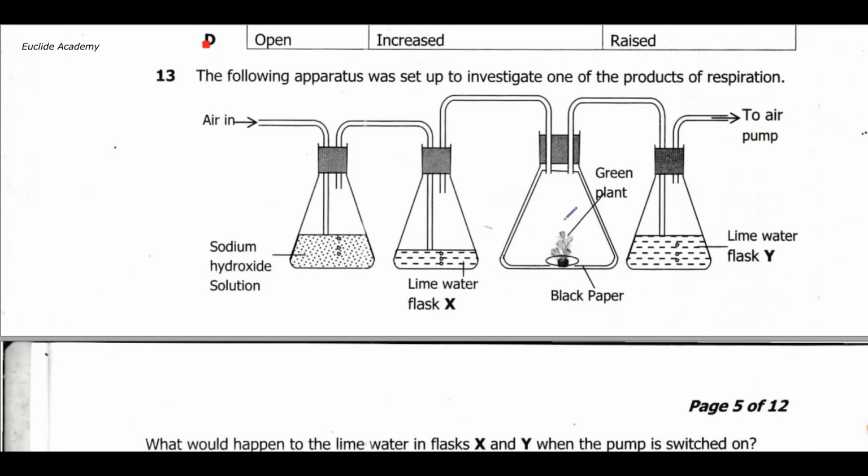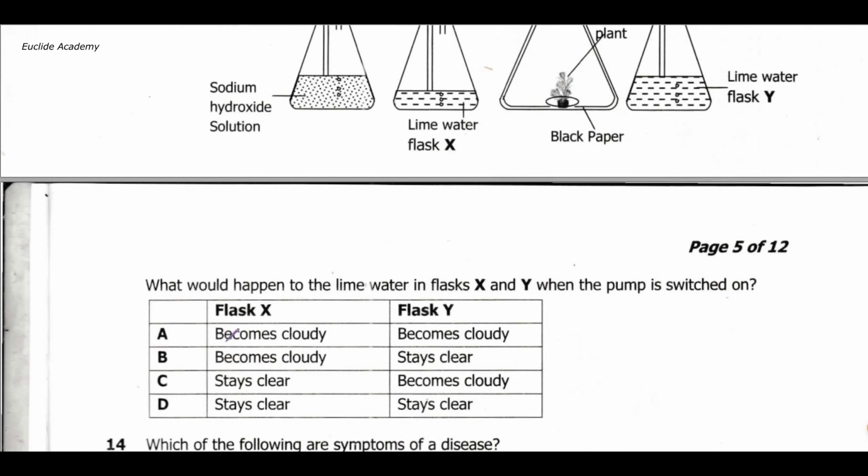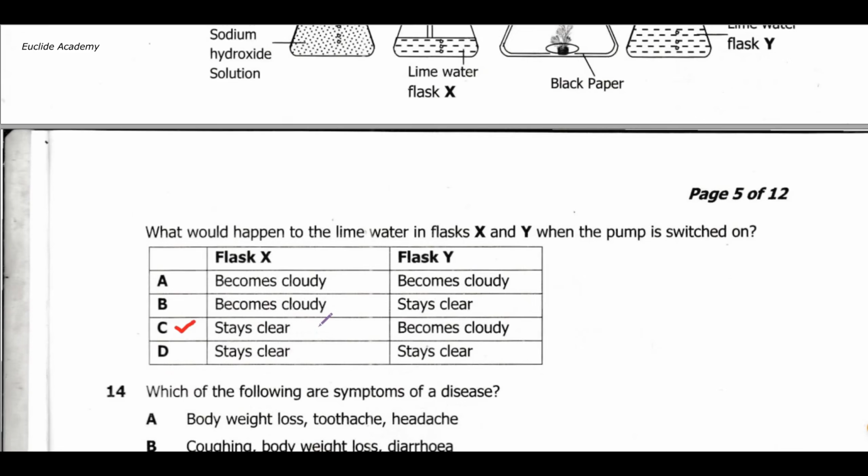This energy production produces a waste product, which is carbon dioxide. So carbon dioxide is produced here, mixed with the air, and then comes into this flask. So here we're going to have carbon dioxide from this green plant, and this one will be cloudy. So C, stays clear, becomes cloudy, will be the option.